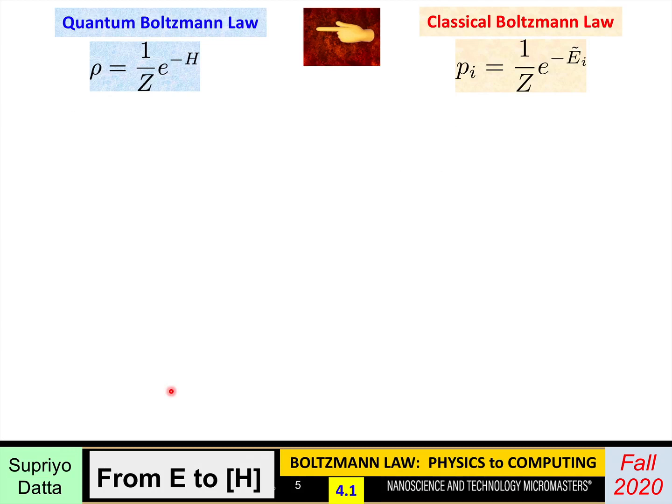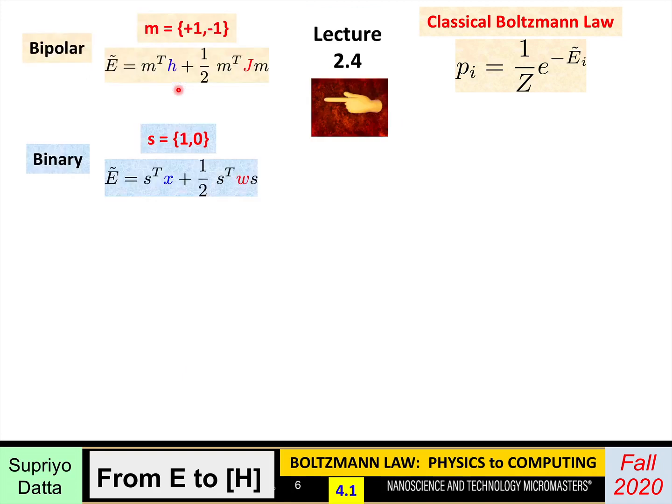So how do you go from this classical Boltzmann law to what I call this quantum Boltzmann law? In order to make this transition, it is convenient to start from the bipolar representation. If you remember in lecture 2.4, we introduced this bipolar representation, which is equivalent to the binary representation we commonly used in weeks 2 and 3.